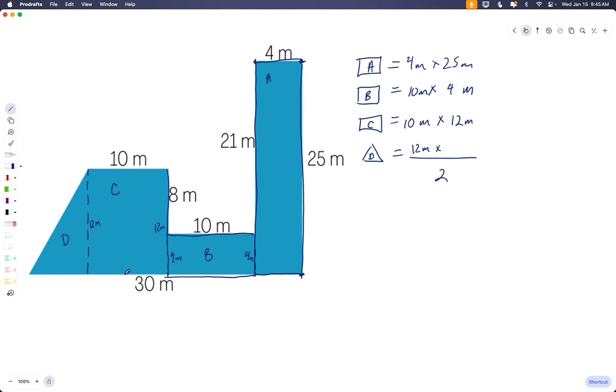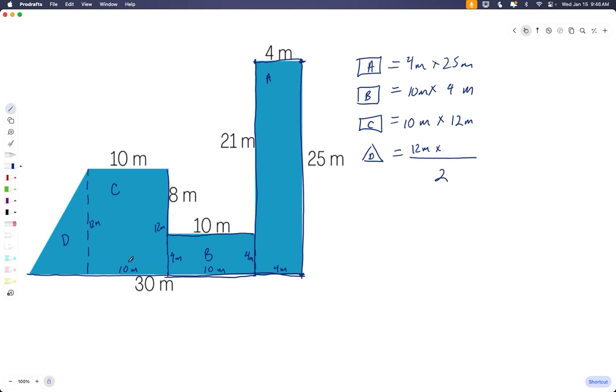The only thing I have as a reference is this entire width all the way across is 30 meters. Well, I know that this is 4 meters because this is 4 meters. And I know that this is 10 meters because this is 10 meters. And it's a rectangle, right? So it's the same. Parallel lines are the same length.